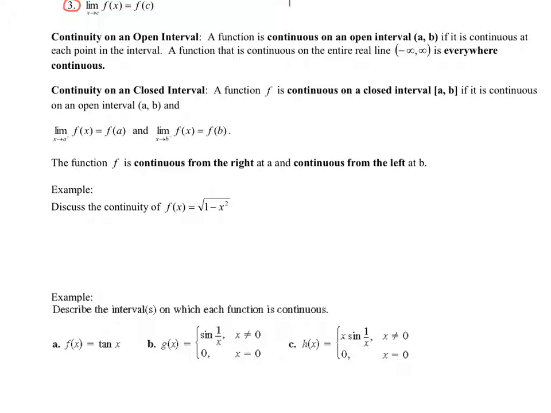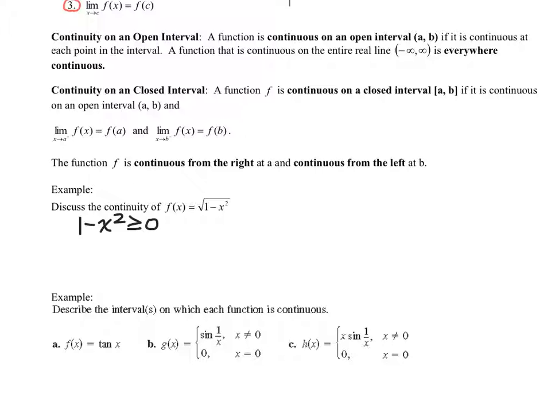So f of x equals the square root of 1 minus x squared. 1 minus x squared under a radical, I would want to make sure that that's a non-negative entry, right? I want that to be greater than or equal to 0. All right, we can factor.